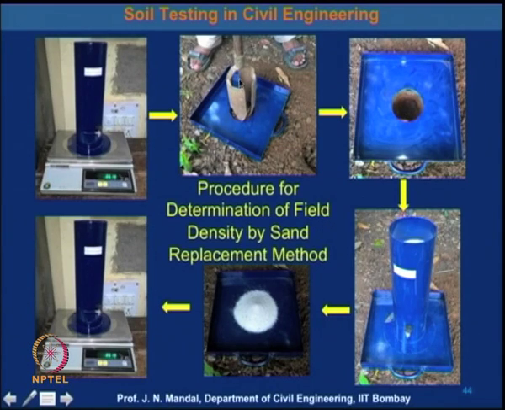Here you can see the apparatus, how you can fill the sand into this hole and then you collect it, and then you determine the field density of the soil by the sand replacement method.